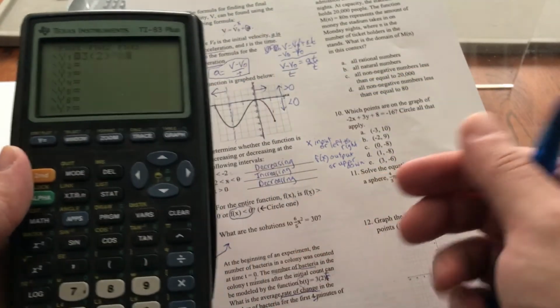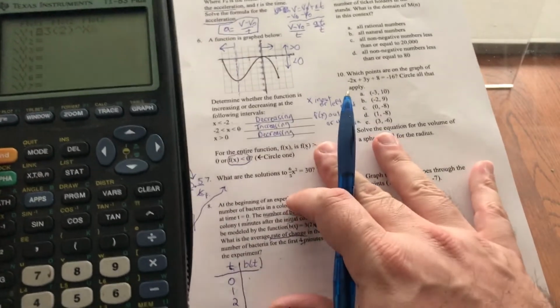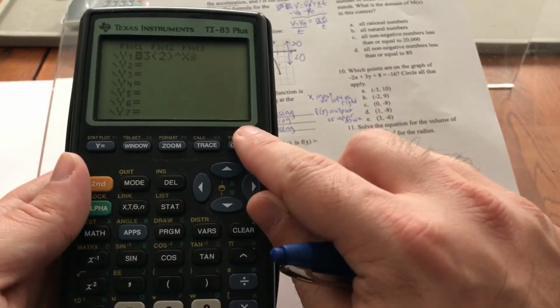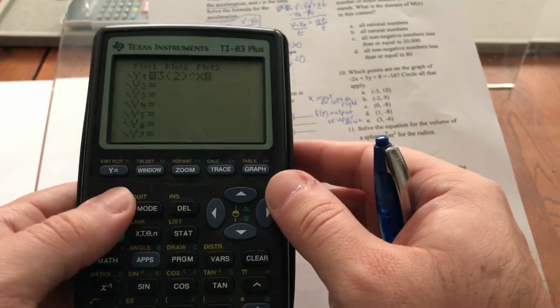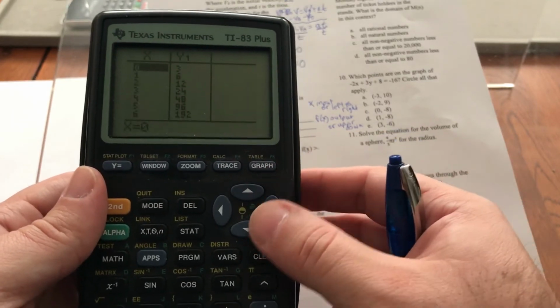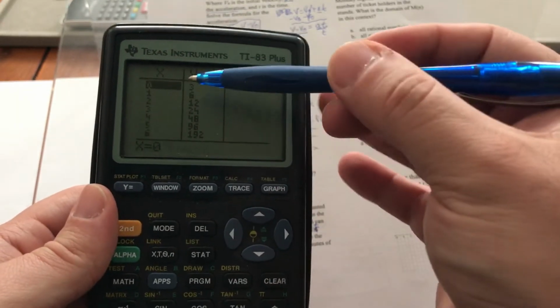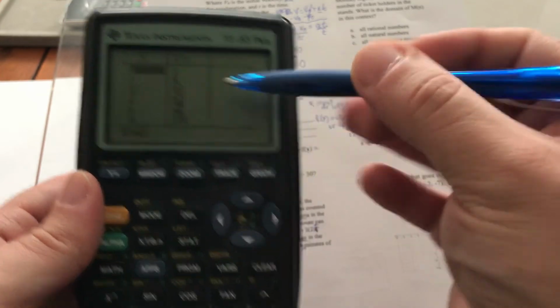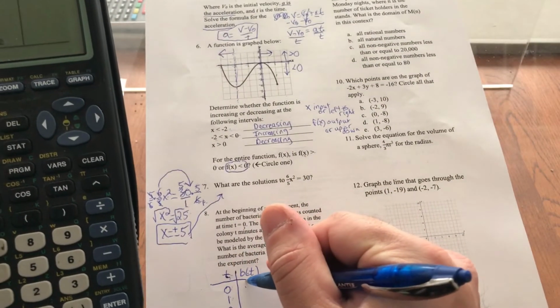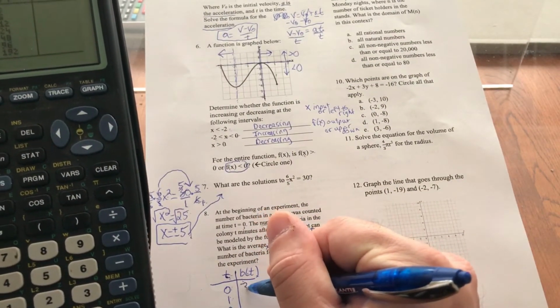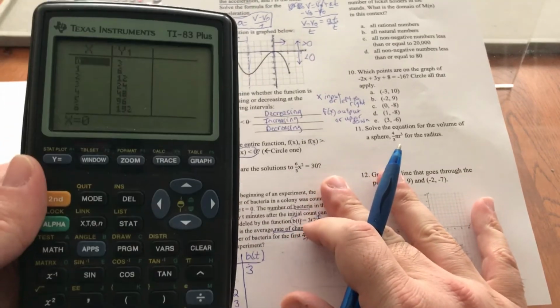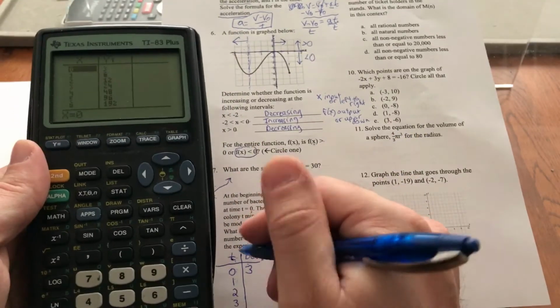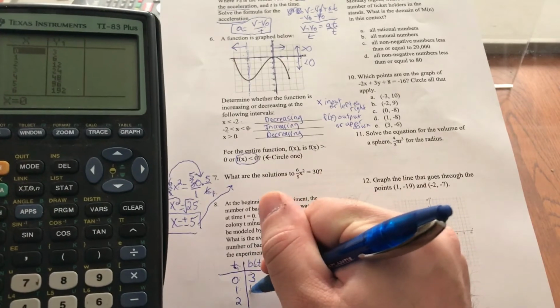And then remember, the easiest way, we're trying to get a table of values here. So instead of hitting just graph, we hit second graph, and that gives us a table of values. So when x is 0, y is 3. So down here we can write 3 beside a 0. When x is 1, y is 6. So beside of 1, we can write 6.